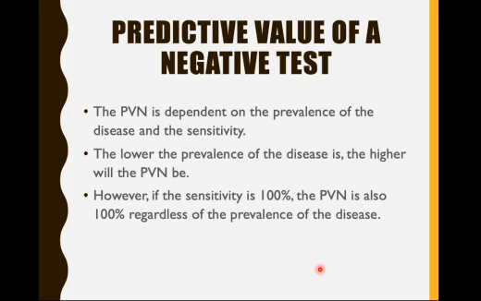Well, that's a good mnemonic, except that you need to understand why. Why do you need a highly specific test to rule in, and why do you need a highly sensitive test to rule out?